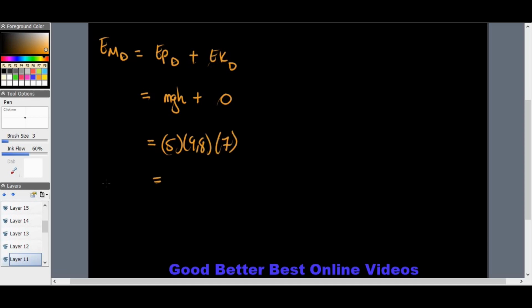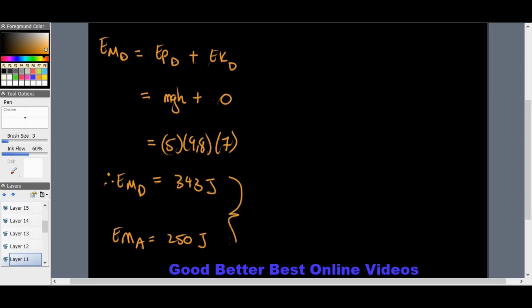Let's see what the mechanical energy is there, which is equal to the potential energy at point D. EM at point D is going to be 5 times 9.8 times 7, which gives us 343 joules. And the mechanical energy at point A was only equal to 250 joules.